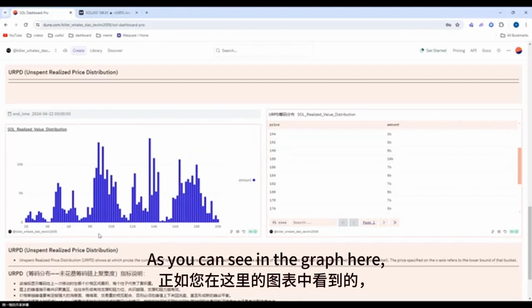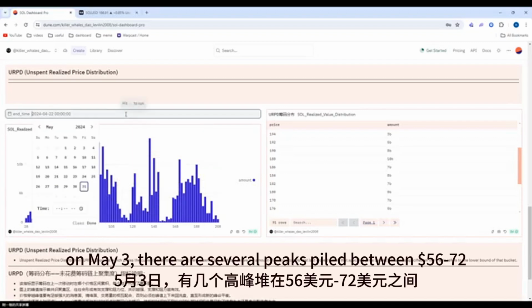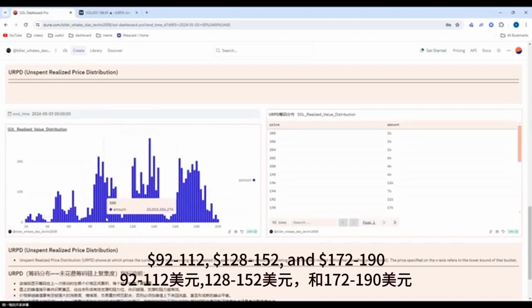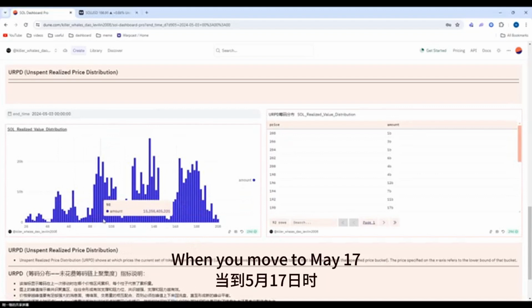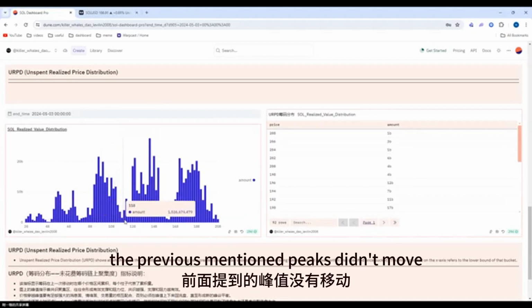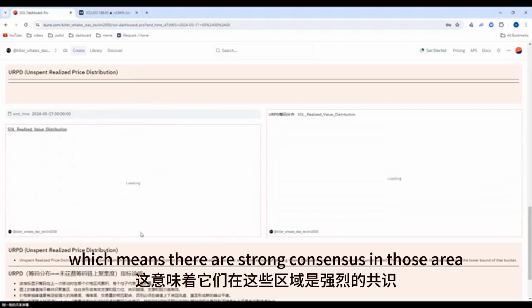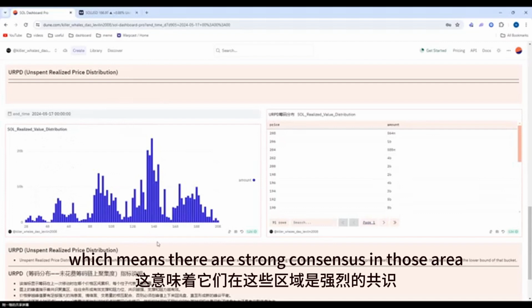As you can see in the graph here, on May 3, there are several peaks piled between 56 to 72, 92 to 112, 128 to 152, and 172 to 190. When you move to May 17, the previously mentioned peaks didn't move, which means there is strong consensus in those areas.